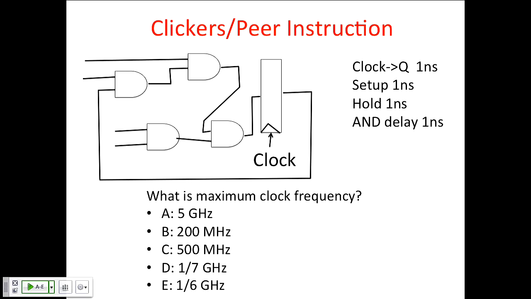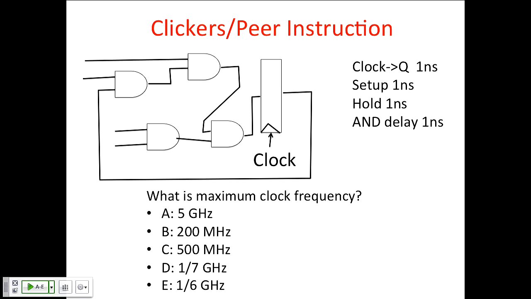That'll be 3 nanoseconds. So there's 1 nanosecond for clock to Q, 3 nanoseconds of propagating through the AND gates, right? And then at that point, the signal will stabilize. But you can't do the clock edge just yet. You have to wait the setup time before you can raise the clock edge. So that's here, 1 nanosecond.